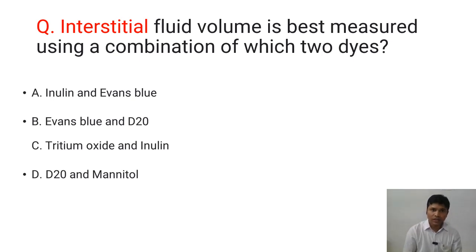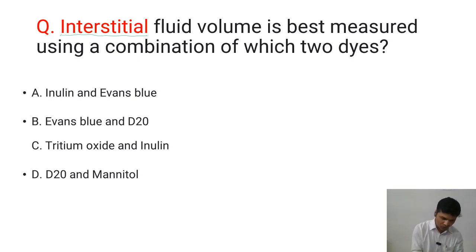Here the question is: interstitial fluid volume is best measured using a combination of which two dyes? For that we should understand that our total body water is around 60% of body weight.